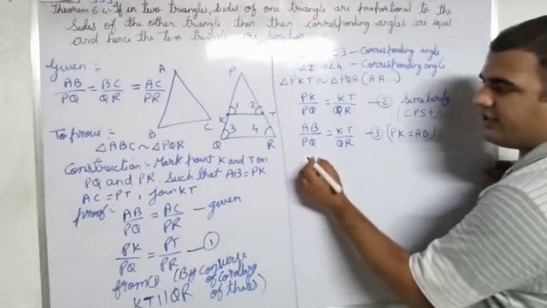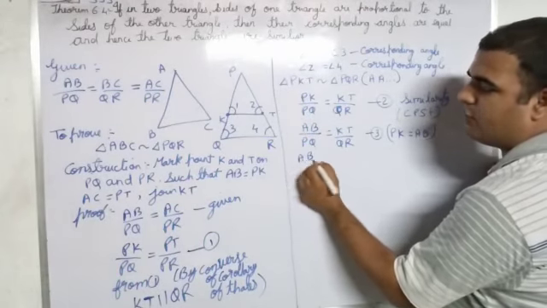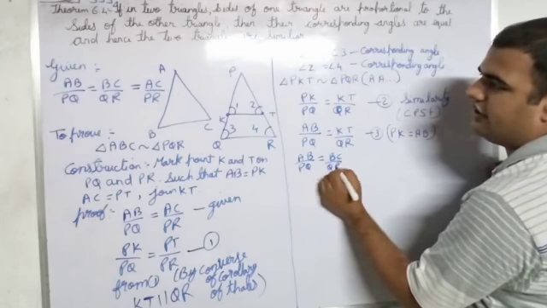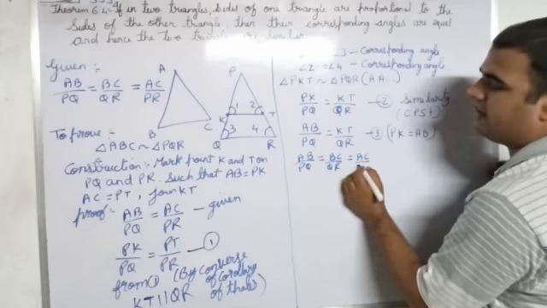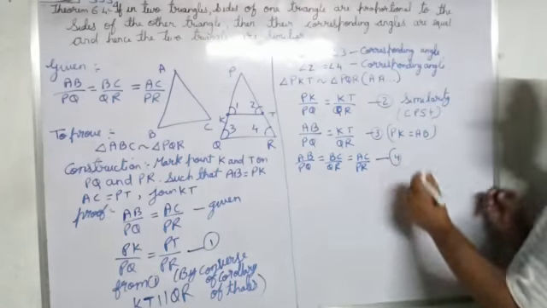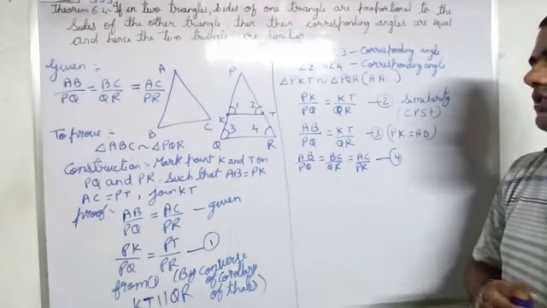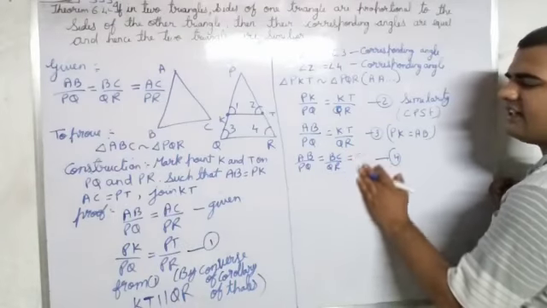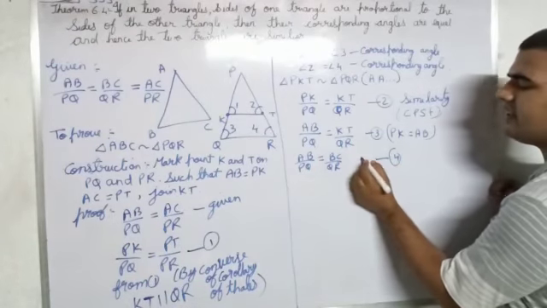We will use the given. What is given there? AB upon PQ equals BC upon QR equals AC upon PR. Okay, name this as fourth. Now see, AB upon PQ, right? I want to select this BC upon QR. You write this, you will say it is given.